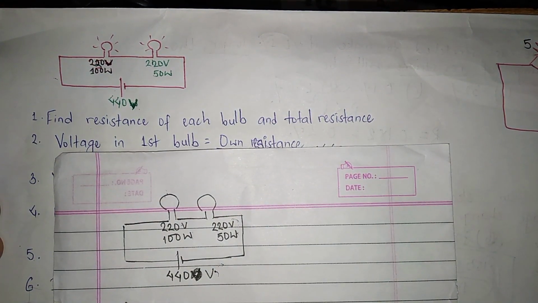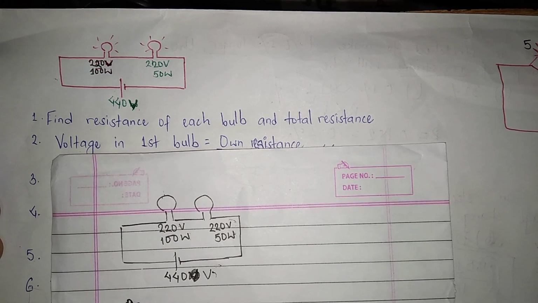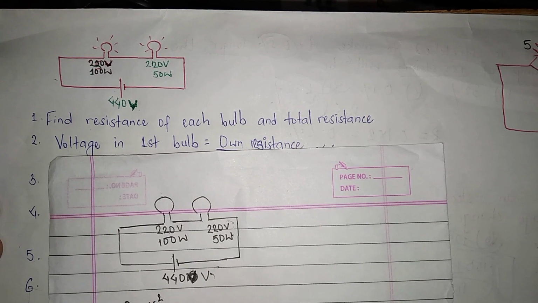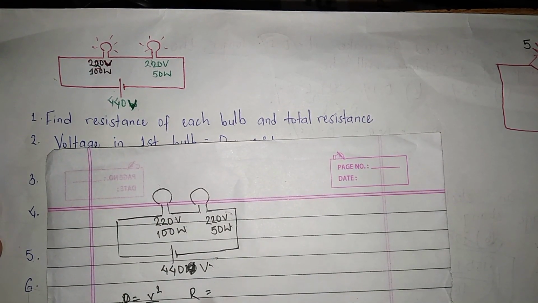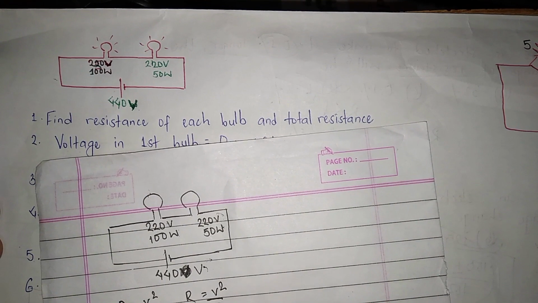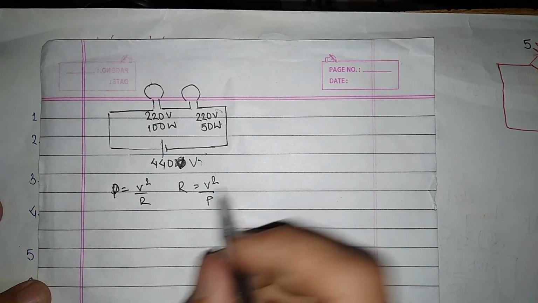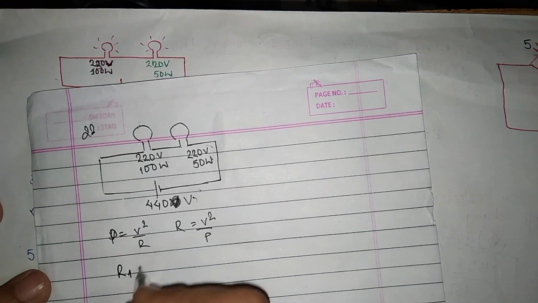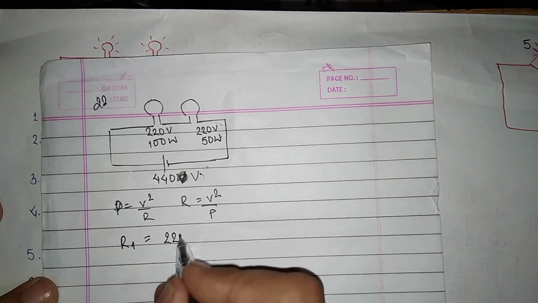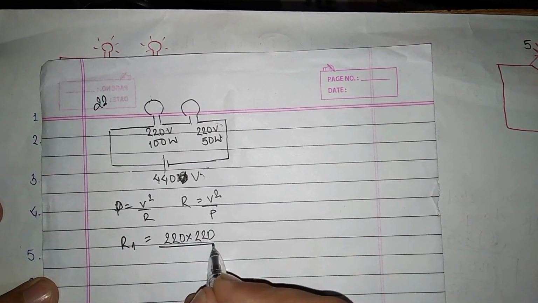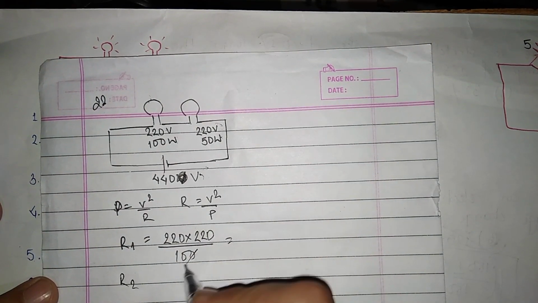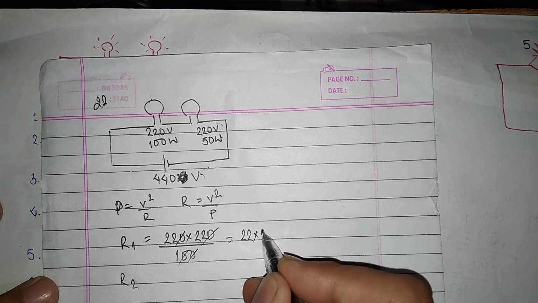So, finding resistance: P is equal to V square by R, so R will be V square by P. In the first case, R1 is equal to 220 into 220 by power 100, and it will be 22 into 22.